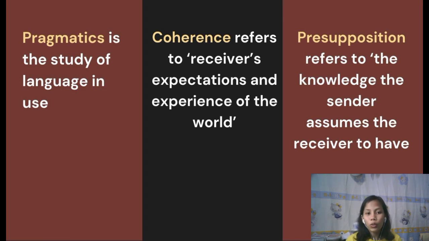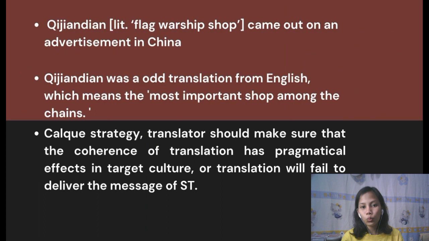So, if the information within the boundary of coherence exceeds that of presupposition, the target reader cannot get the message in the target text, though this strategy is applied by using a literal word-by-word translation. For example, the first time the word Kijinyan, a flag worship shop, came out in an advertisement in China, I wondered why it was so strange for a shop to sell ship flags in the city center, until I recently found the phrase flagship Harrods.